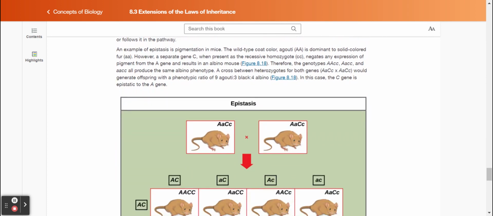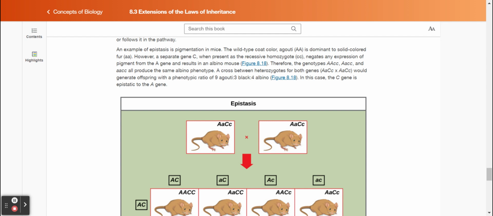An example of epistasis is pigmentation in mice. The wild-type coat color, agouti, is dominant to solid-colored fur. However, a separate gene, C, when present as the recessive homozygote, negates any expression of pigment from the A gene, the dominant A gene, and results in an albino mouse.